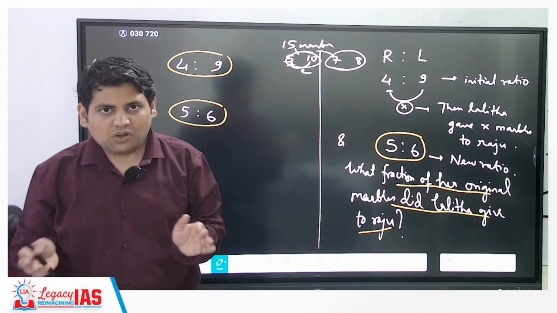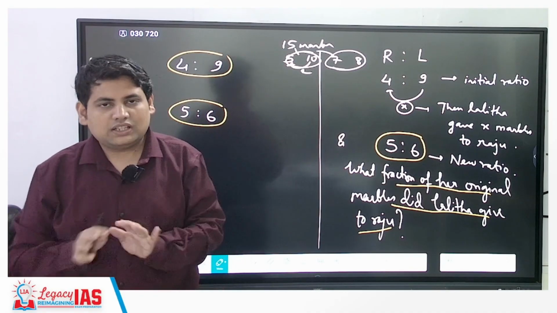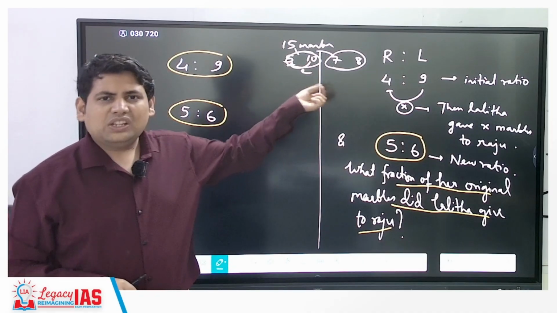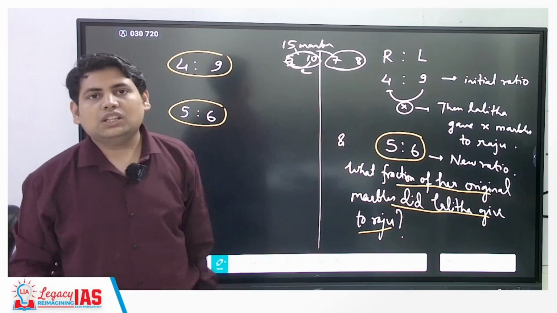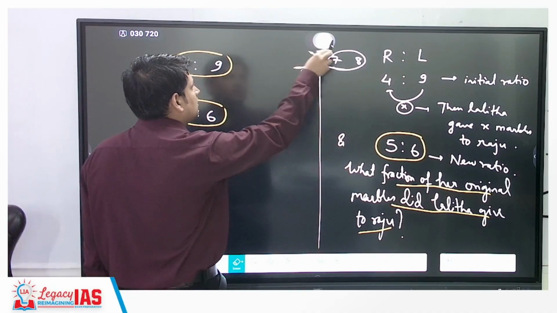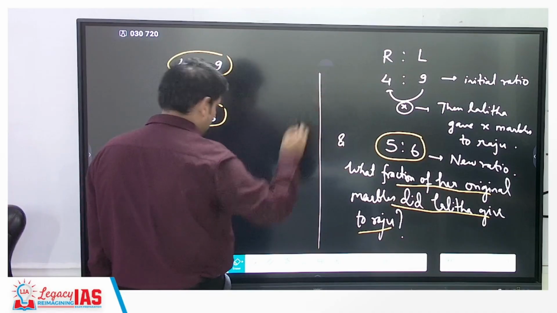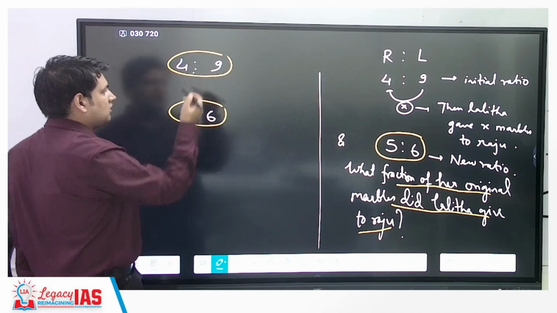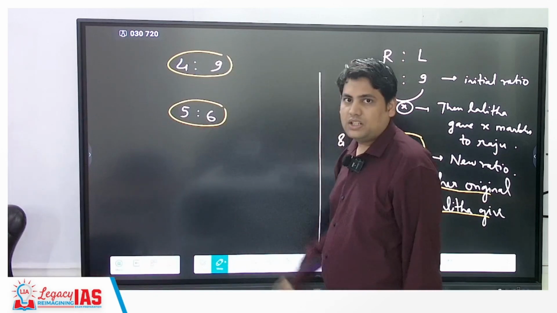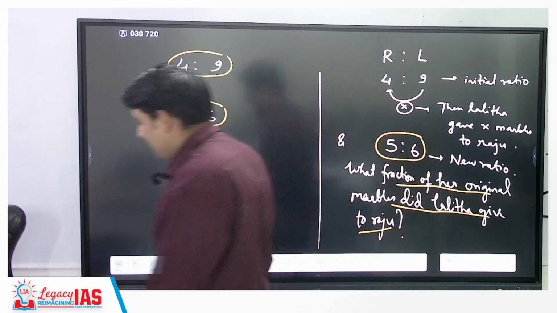The system of Raju and Lalita as a whole, as a couple, they are not losing anything. Only the transfer of marbles is within the system. That is why this difference would be constant. Now understand. If this difference has to be constant, just see this.